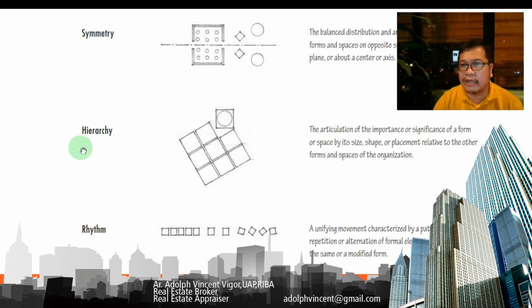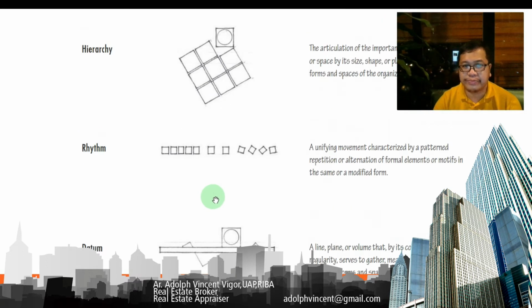So that's hierarchy. So this means that this space is relatively more important from the other spaces because of its size, shape, or placement. Okay, so the squares here are in a diagonal manner, while here it's placed regularly with a circle inside. So it will really depend up to you.